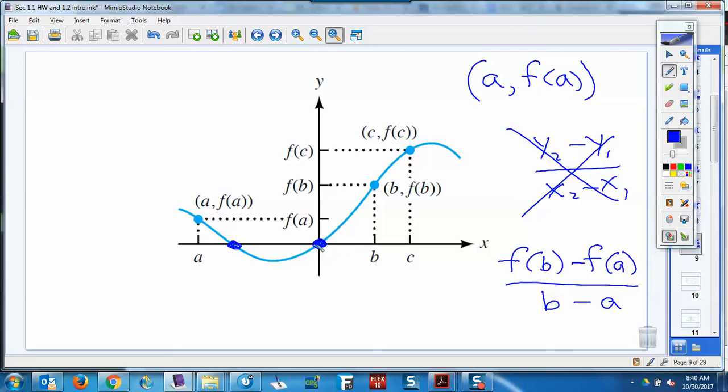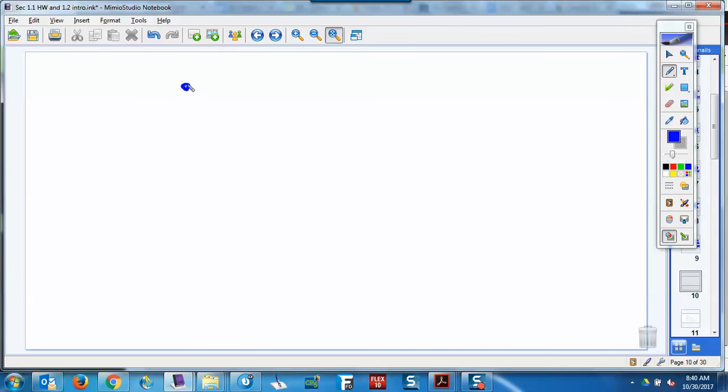Some special points. These are some terms that are going to become really useful for us, that we'll use a lot: local maximum and local minimum. So this would be a local minimum right here, and this would be a local maximum. Now we're going to distinguish those. I'm not sure they talked about those here, but we're going to have what's called a global maximum and a global minimum. Let me show you the difference.